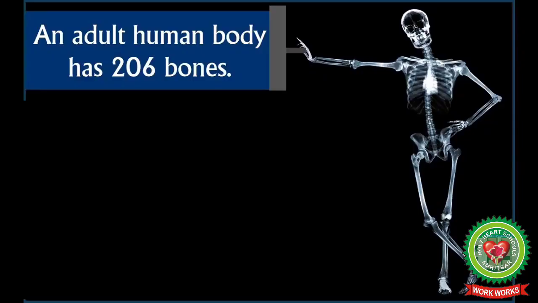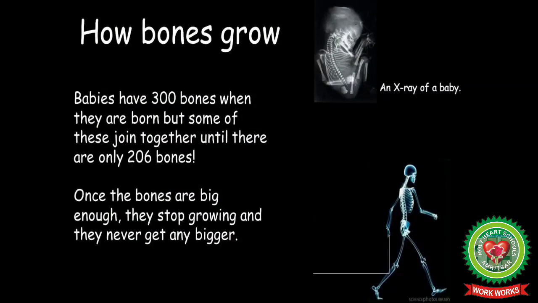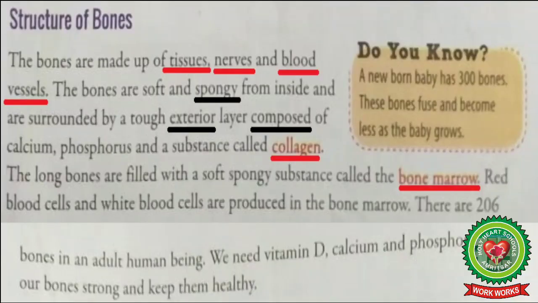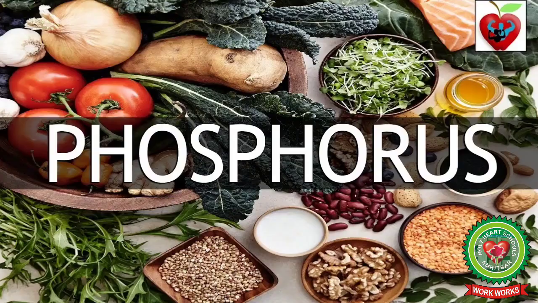Students, there are 206 bones in an adult human being, and do you know, a newborn baby has 300 bones, and these bones fuse together and form long bones as the baby grows and become less in number with age. Students, for strong and healthy bones, we should eat diet rich in vitamin D, calcium and phosphorus.